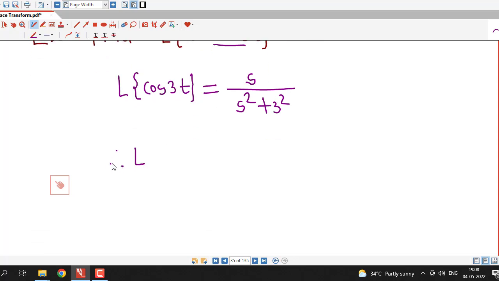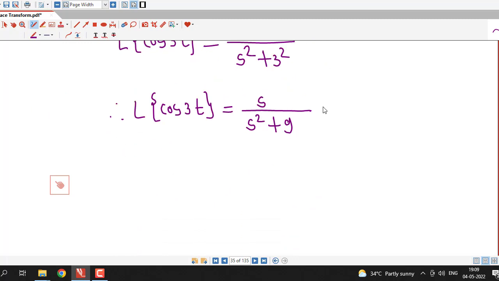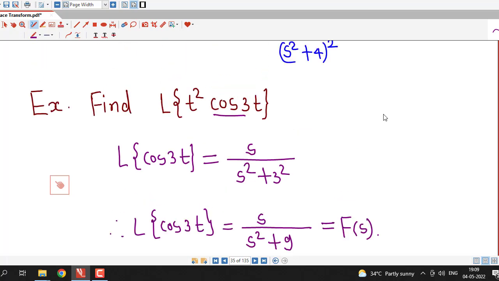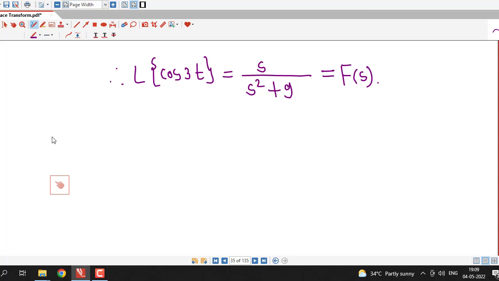Therefore Laplace transform of cosine function is equal to s divided by s square plus 9, and this we denote by capital F of s. Now here cos 3t is multiplied by t square. So now we find out Laplace transform of t square cos 3t.